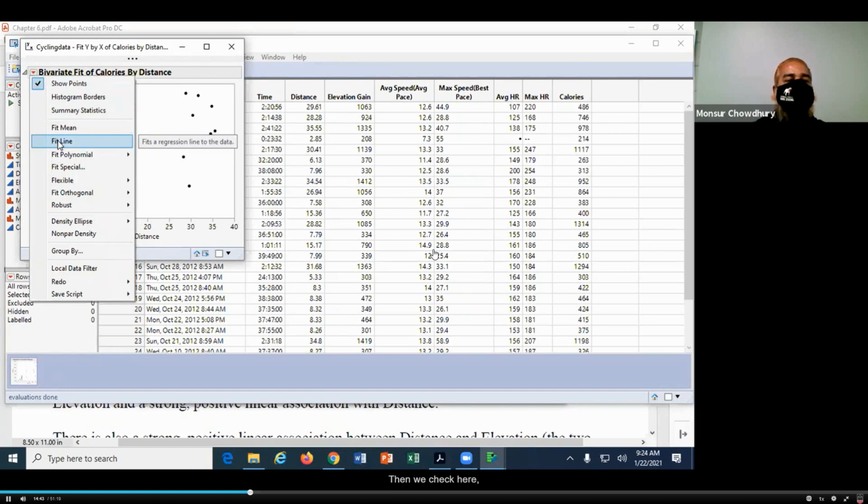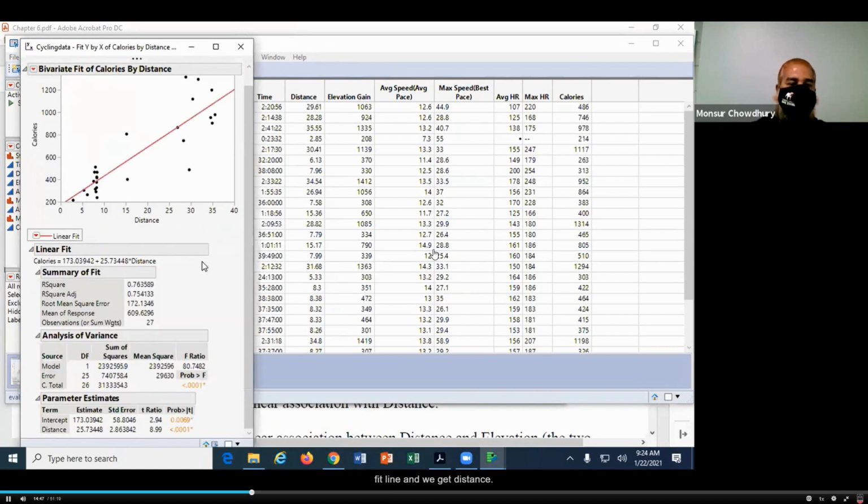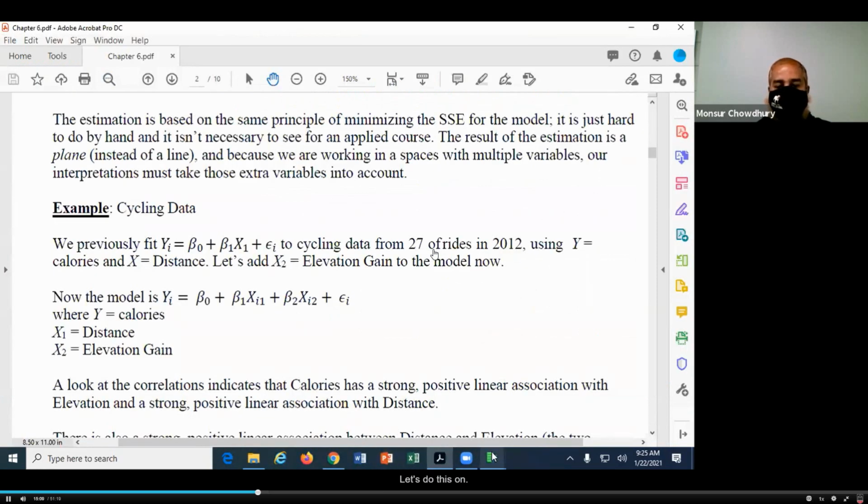And then we check fit line and we get this. So this is our simple linear regression model that we did in the last class. But now we are going to fit a multiple regression model where we are adding one more predictor, which is the elevation gain. So let's do this one.